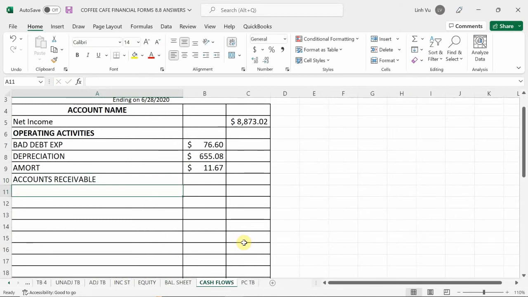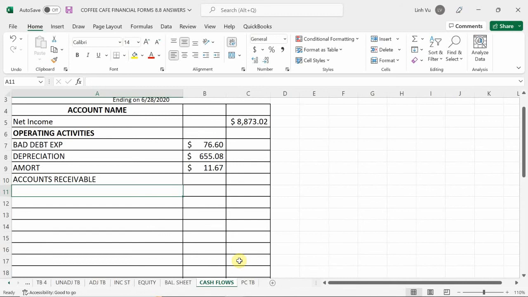So that means I need to take that out from my net income, because this net income includes that I earned that money. Therefore, I need to take it out because it is money I never received. It is cash I never received. So I need to subtract this money out.